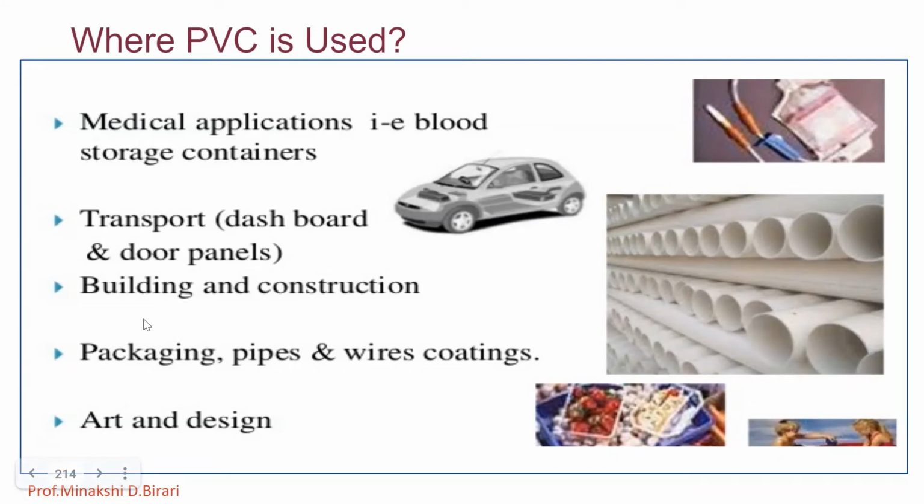It is used in buildings and constructions. Also for packaging, pipes and wire coatings, PVC can be used. In art and also in design, it can be used. So it is used in the manufacture of artificial leather, household articles such as tablecloths, curtains, floor coverings, pipes and other laminated materials.